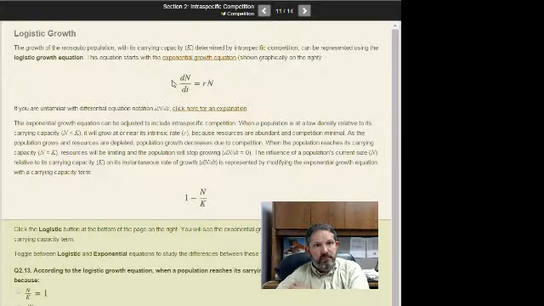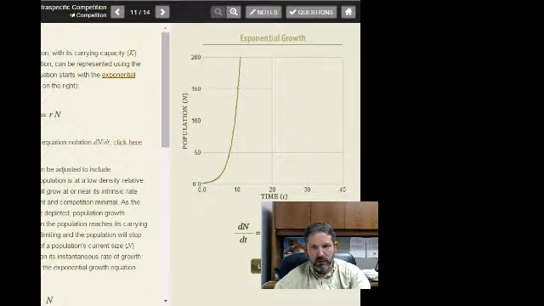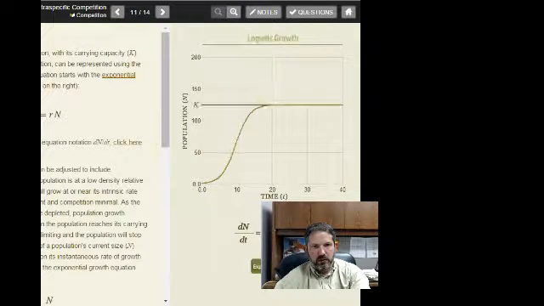Now, I wanted to talk about this: dN over dt equals rN. This is the exponential growth equation. So we get this exponential growth versus logistic growth.